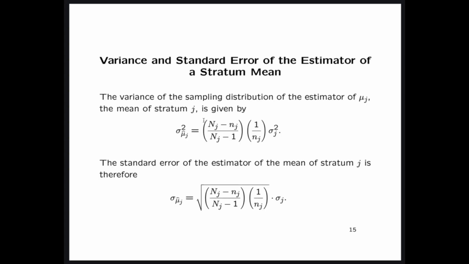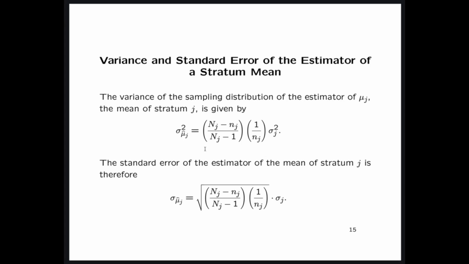That's what we're doing on this next slide. The variance of the sampling distribution of the estimator of mu sub j, the mean of the stratum j, is given by this expression. So the variance of mu hat sub j, in other words, sigma squared sub mu hat sub j, is given by this formula here.